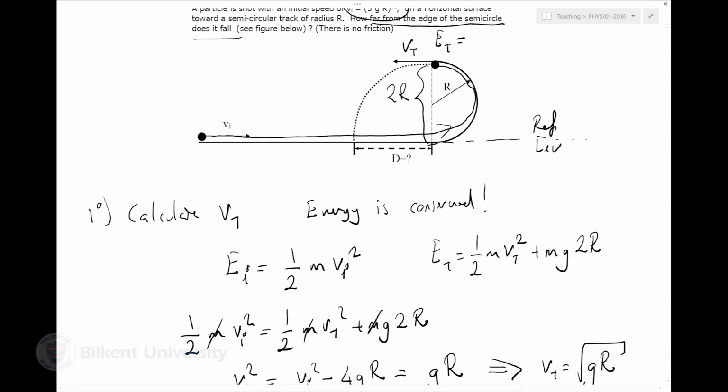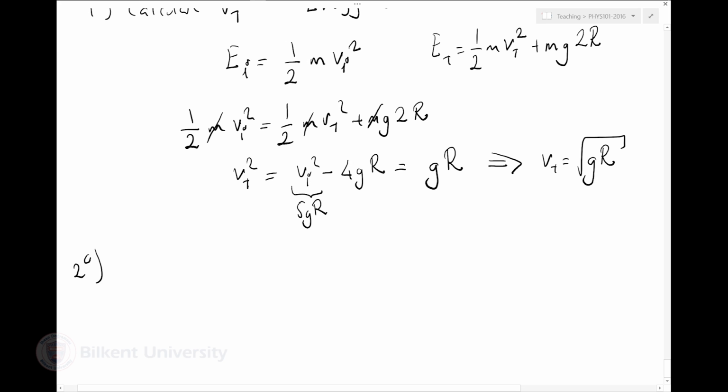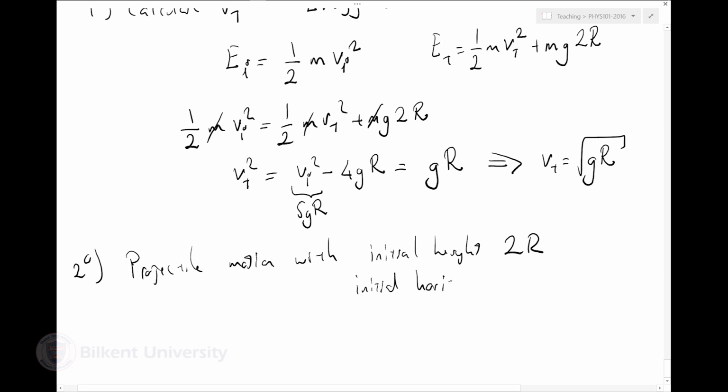Now, the second part of the problem is just the projectile motion of this particle. Okay. Do I know its initial velocity? Yes. So this is projectile motion with initial height 2r and initial horizontal velocity square root of gr.